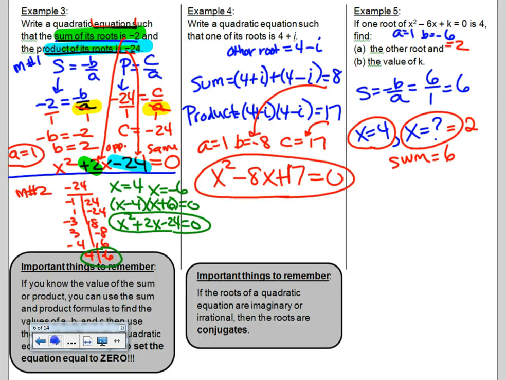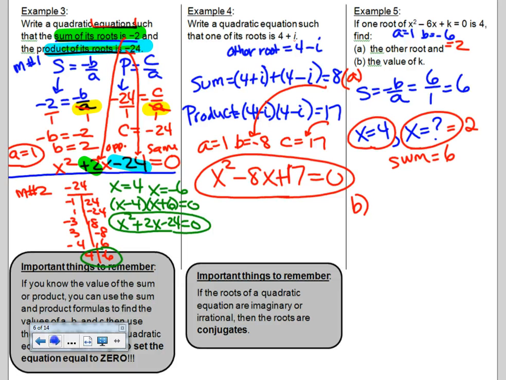If you don't like that method, you could take the 4, replace it with all the x's to find the k, and that will answer the b part. Or you could, and then you have to refactor to find the other root. So to do the b part, there are now 2 ways to do the b part.